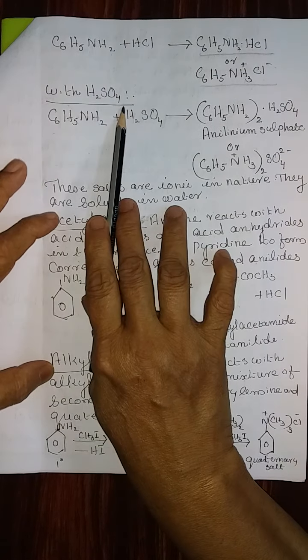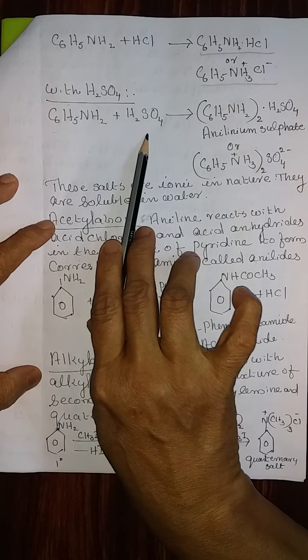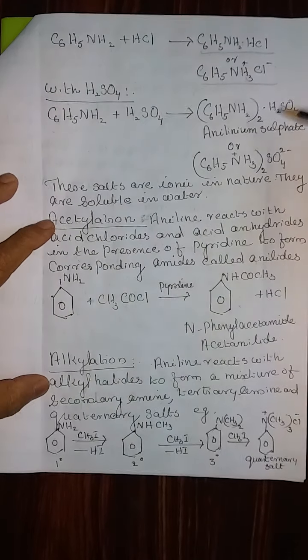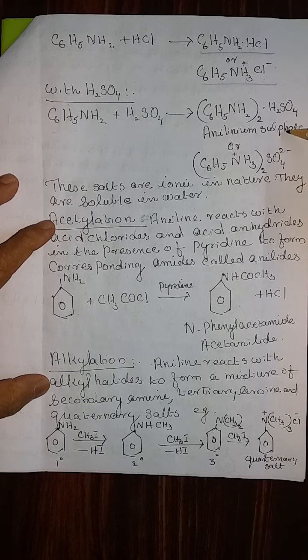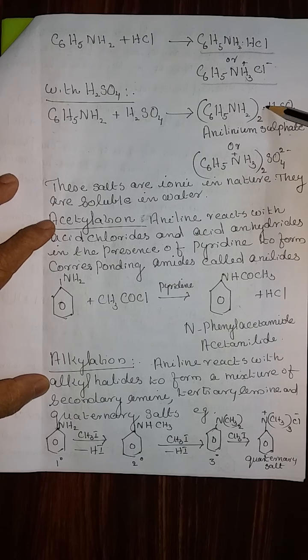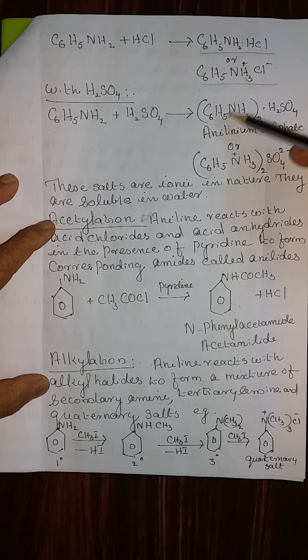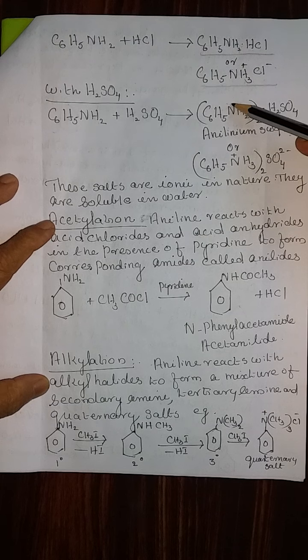Now with H2SO4, C6H5NH2, that is aniline, reacts with sulfuric acid and forms a salt like this because it is a dibasic acid. Therefore, C6H5NH2 twice, put a dot and write H2SO4. This is called the salt. The ionic form can be written because here there are 2 ions. That means 2 molecules of amines, each one having a lone pair of electrons.